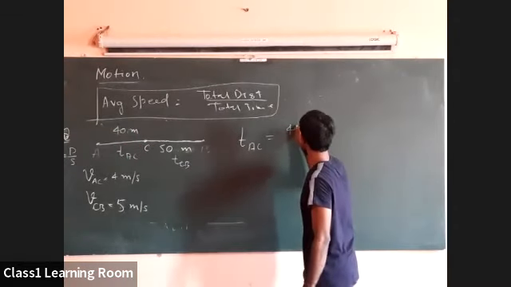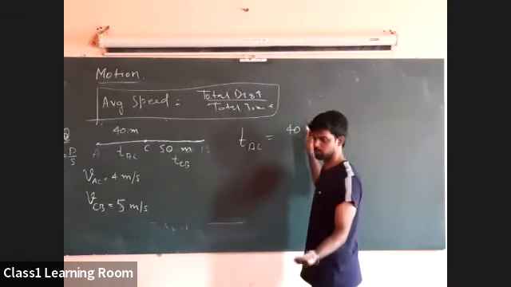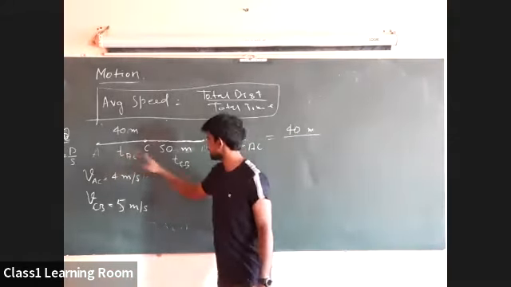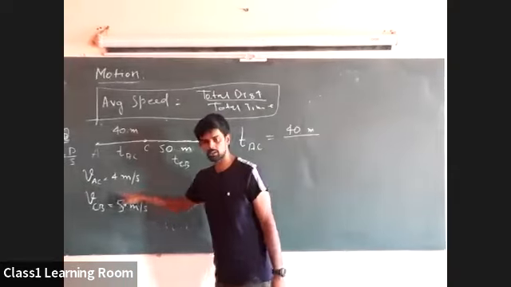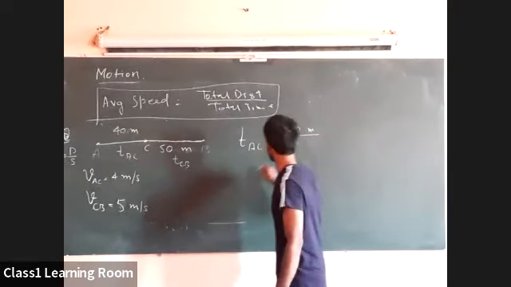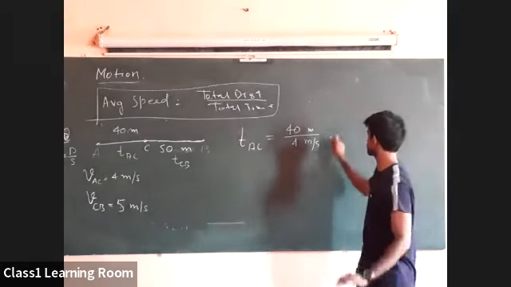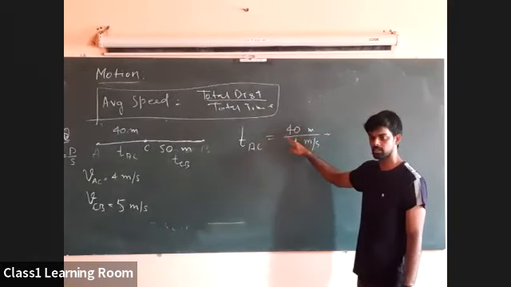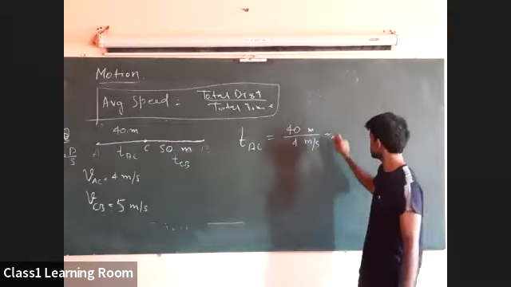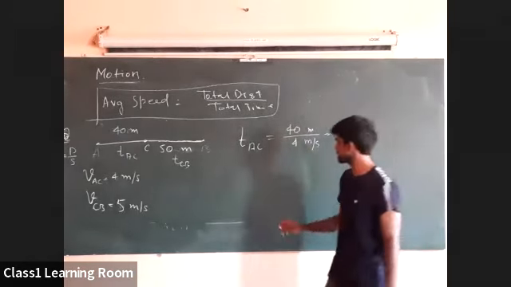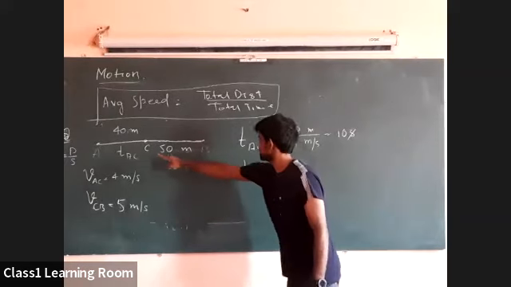So we'll just write 40 meter. How much is the velocity from AC? AC velocity is 4 meter per second. Any doubt, anyone? It's as simple as that. How much is this? 10 seconds? Fine.